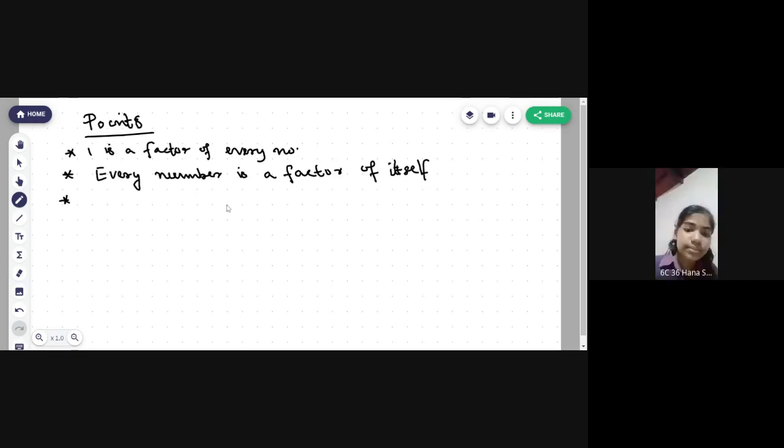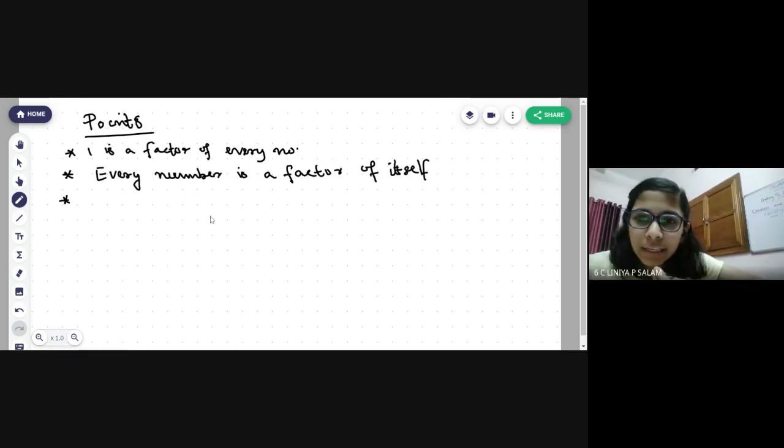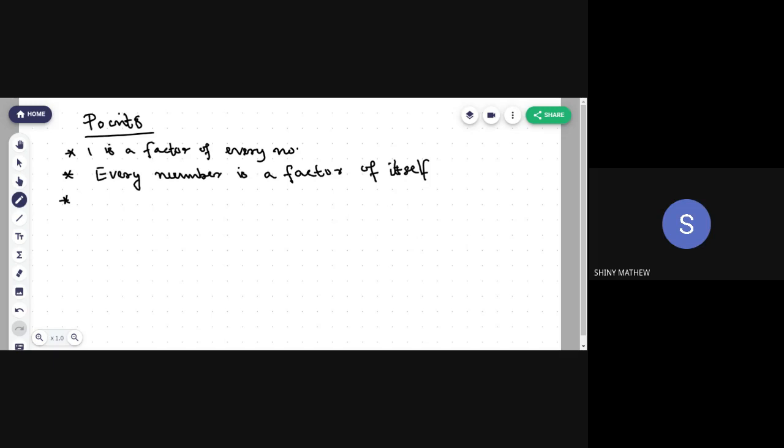Okay, miss. Factors of a number are infinite? The factors of a number are finite, not infinite. നമുക്ക് പറയാം ഒരു നമ്പറിന് എത്ര ഫാക്ടേഴ്സ് ഉണ്ടെന്ന് നമുക്ക് കണ്ടുപിടിക്കാൻ പറ്റും. മാക്സിമം ആ നമ്പർ വരെ വരുള്ളൂ.